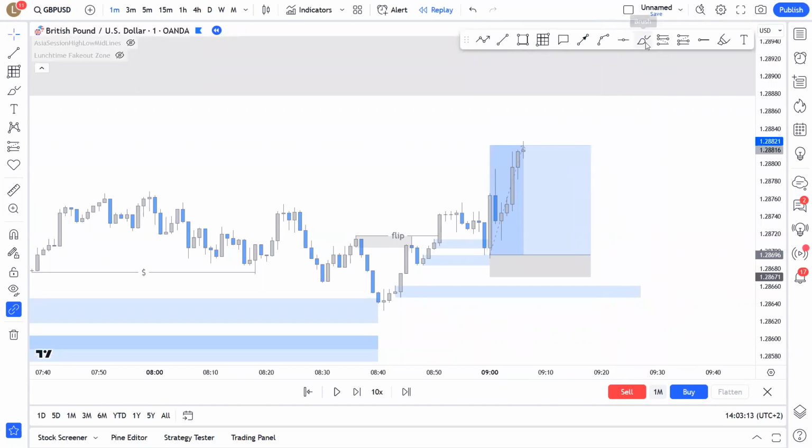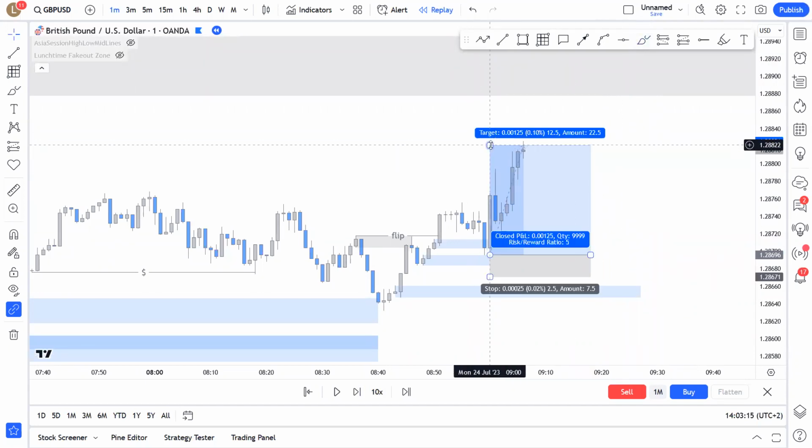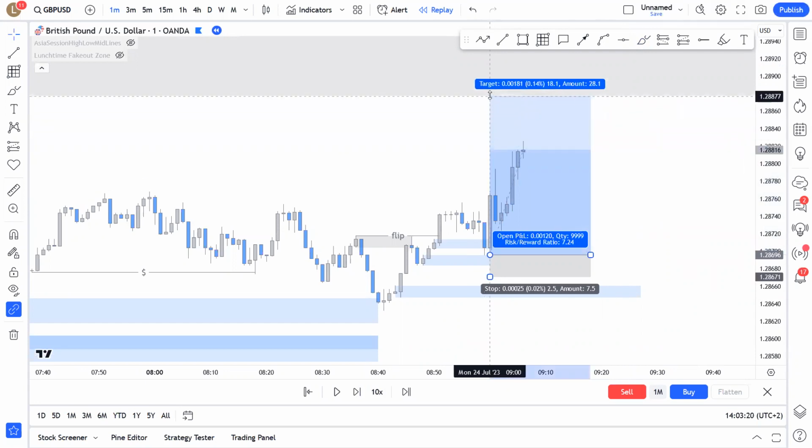The reason I took the partials here and not at 50% of the whole position size is because 50% of the whole position size was 3.5 risk to reward, and it was too small for me to take partials. It wasn't really worth it, because I didn't see that much profit there that I would happily take. I waited a bit longer, and 5 risk to reward was a comfortable place for me to take partials.